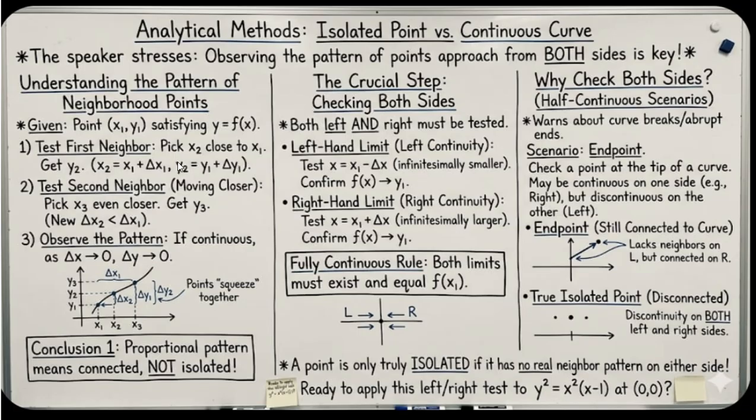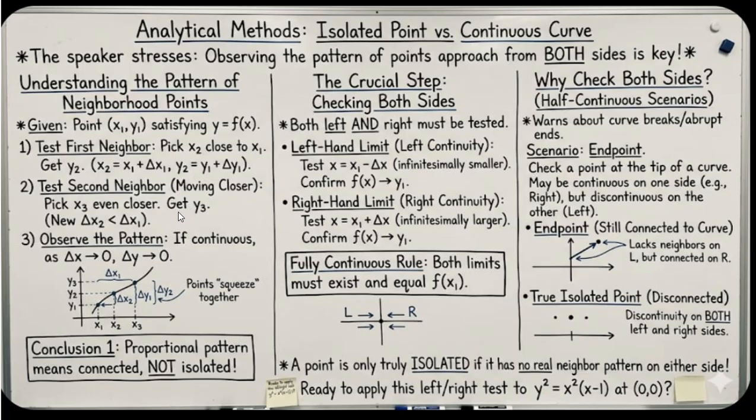But is it sufficient? No. You have to observe the pattern. If you bring x3 even closer to x1, then x3 is equal to x1 plus delta x2, where delta x2 should be less than delta x1.